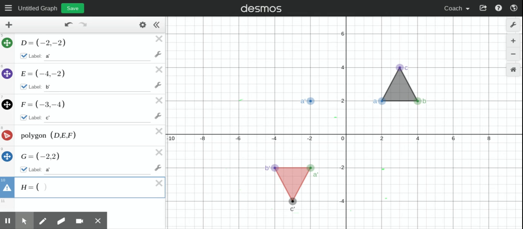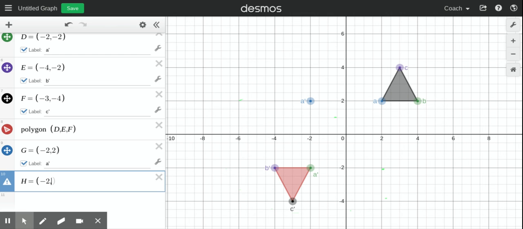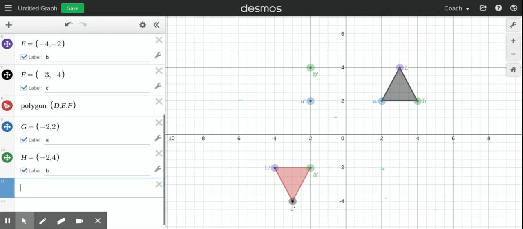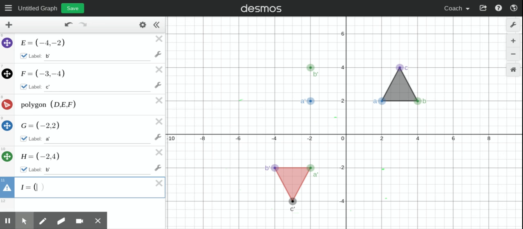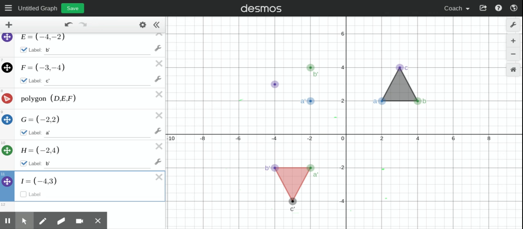B was (4, 2). So (4, 2) is now going to be (-2, 4), B prime. And C was (3, 4). So now C is going to be (-4, 3).